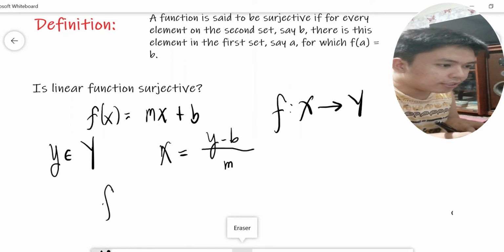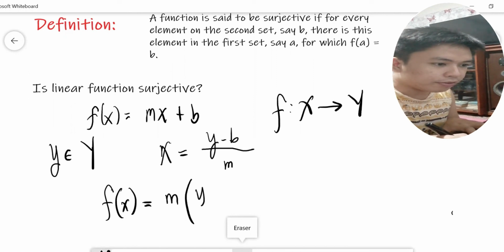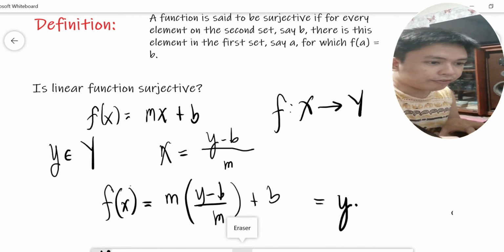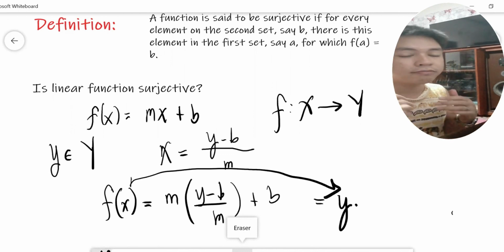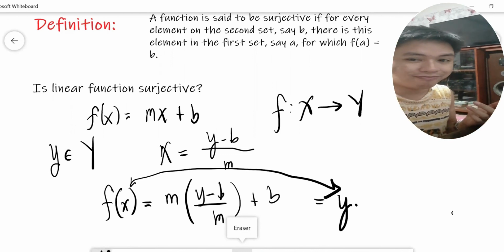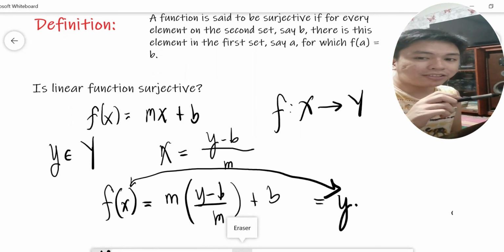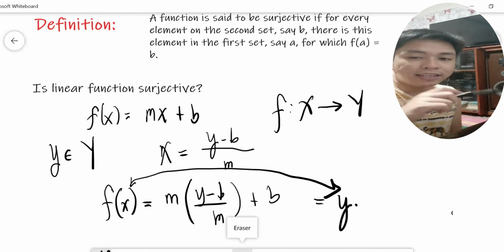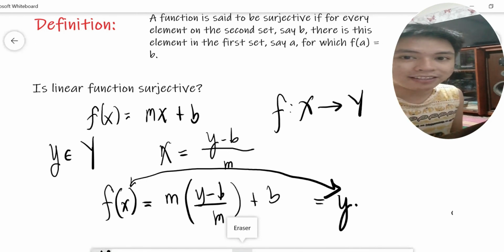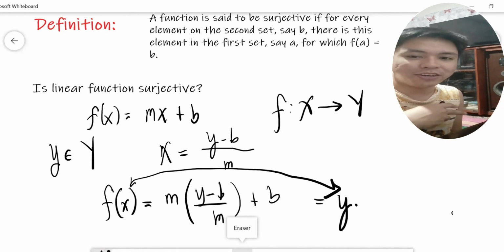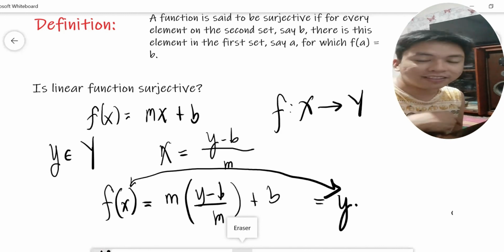So remember that if I'm going to take f of x, I have m times y minus b over m, plus b, that will be equal to y. So meaning to say that f of x is equal to y, so therefore that's surjective. Because according to the definition, you just have to find an element in the first set that can be paired to the element in the second set. So all elements in the second set should have a corresponding element in the first set. That's it.